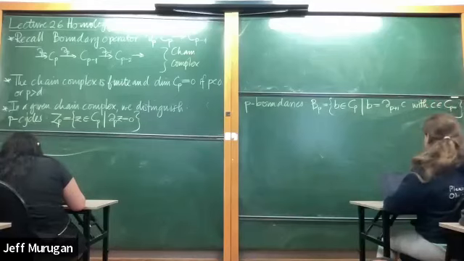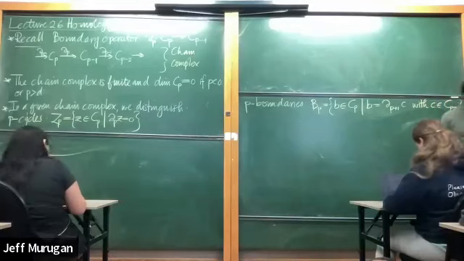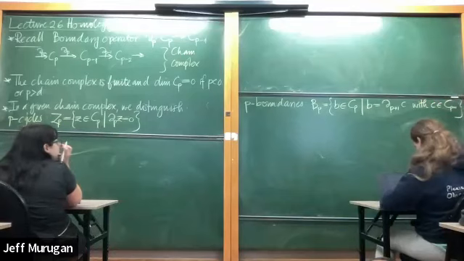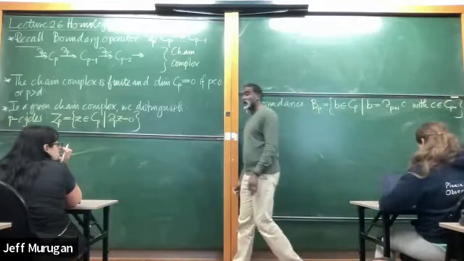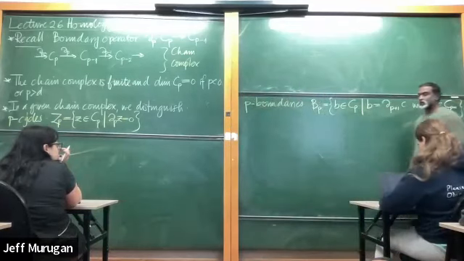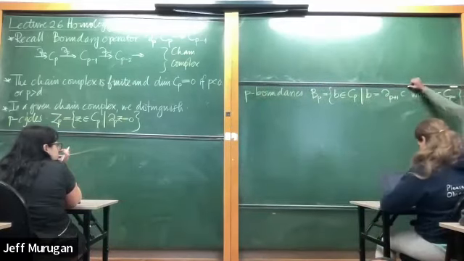Again, none of this should be conceptually difficult to understand. It's exactly what we were doing with closed forms and exact forms in cohomology.